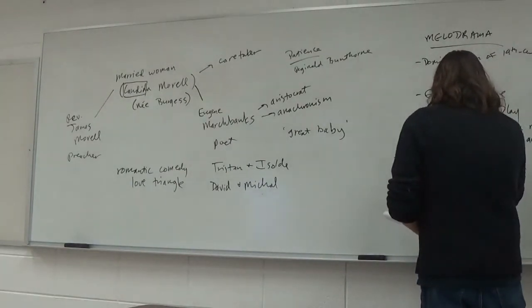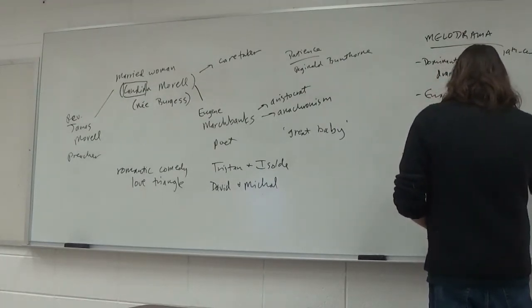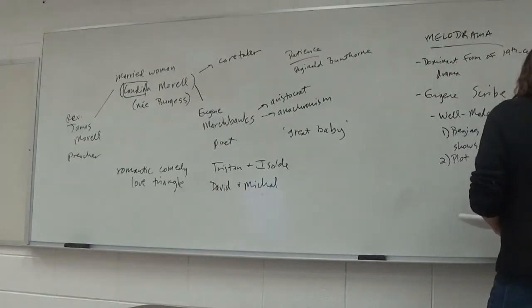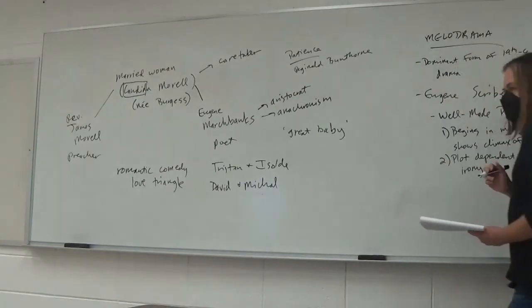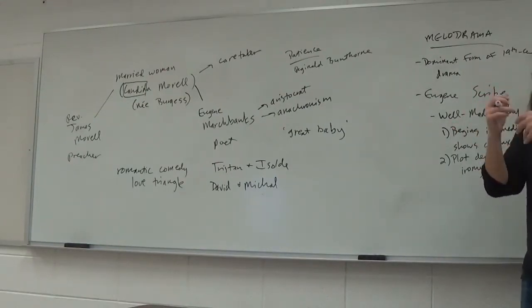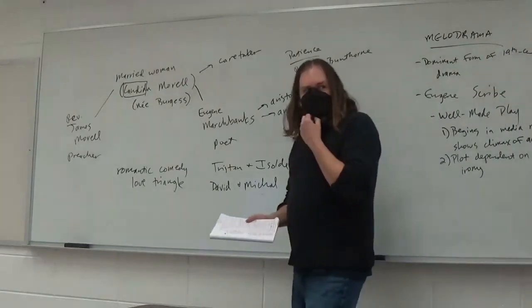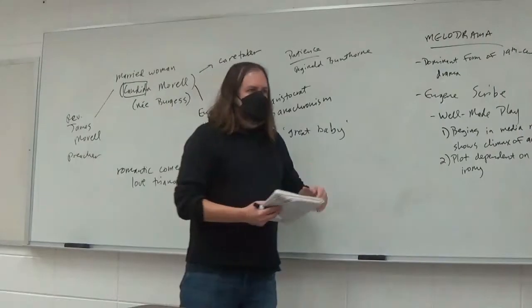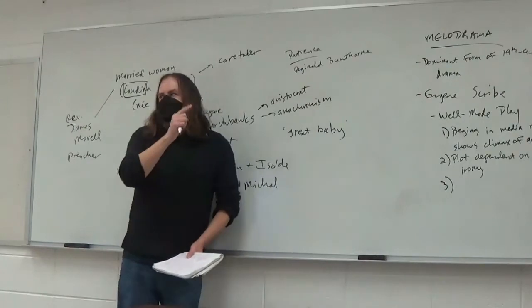The plot is dependent on what we call dramatic irony. Does anybody know what dramatic irony is? Is it the one where we know something that the characters don't know? Exactly, yes. Dramatic irony is when the audience knows something that not all of the characters know. So some secret is revealed to us that at least some of the characters remain ignorant of. We know Juliet's not dead, but Romeo is ready to kill himself. Exactly, good example.